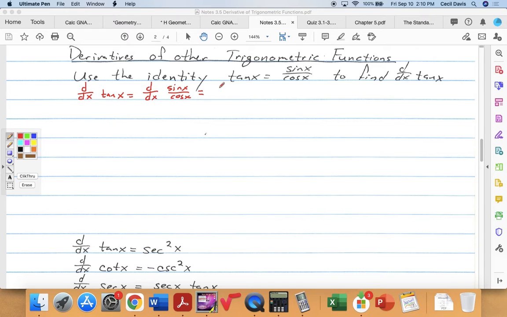Using the quotient rule, that would be cosine of x times the derivative of sine x, which is cosine of x, minus sine of x times the derivative of cosine of x, which is negative sine x, all over cosine of x squared.